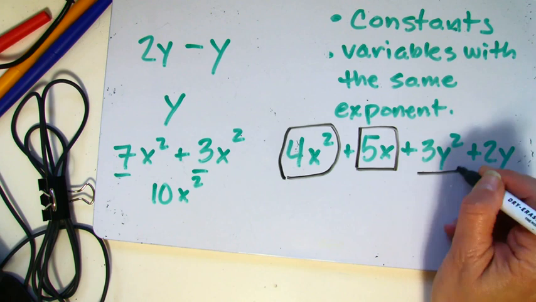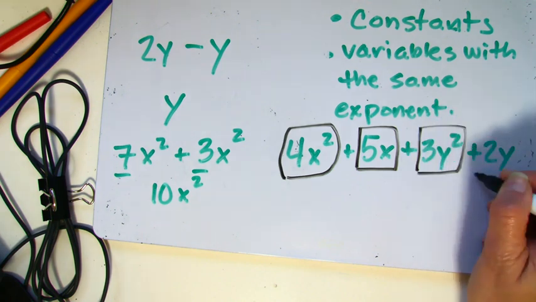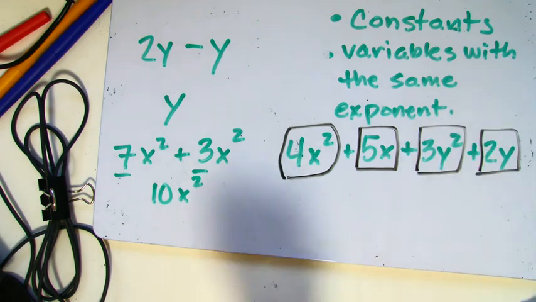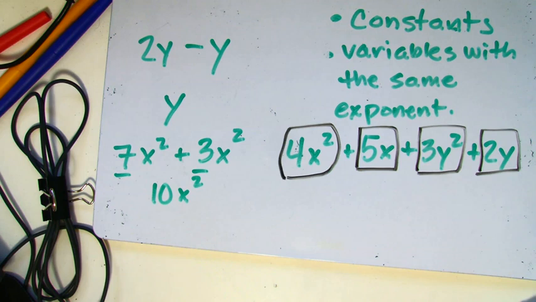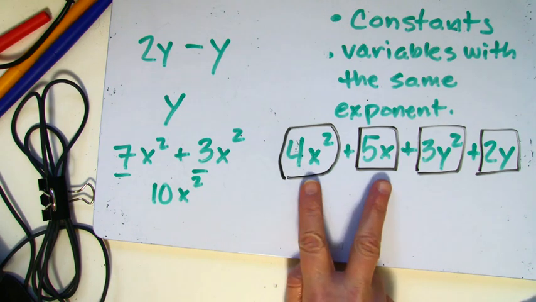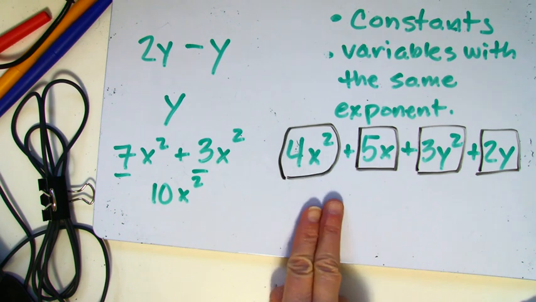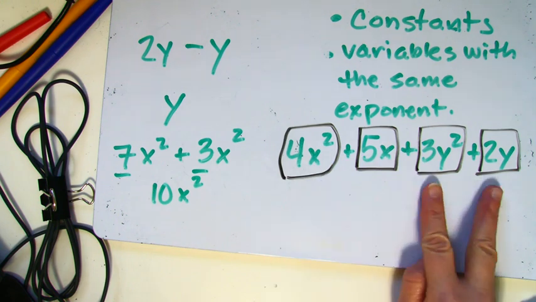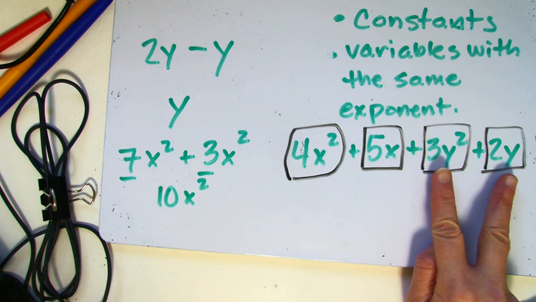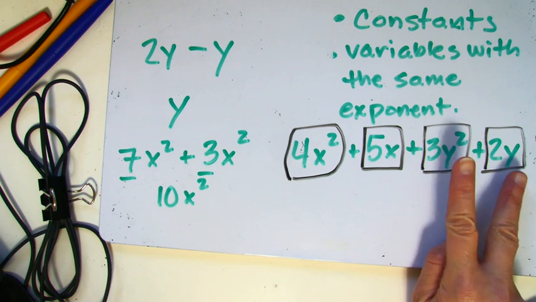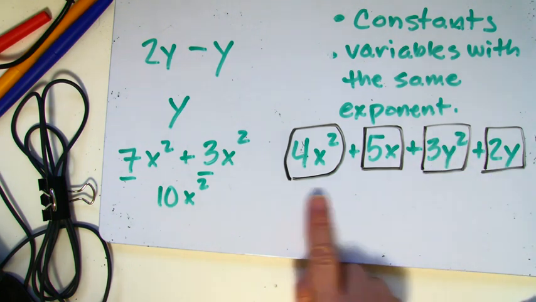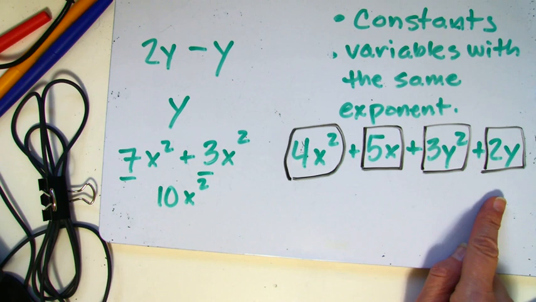We have a y squared, and we have a y. In this expression, we can no longer simplify it, because even though we have 2 terms that have an x in it, the exponents are not the same. So we can't combine these. That's the same situation here. We have 2 y's, but one is squared and one is not. So this expression is simplified.